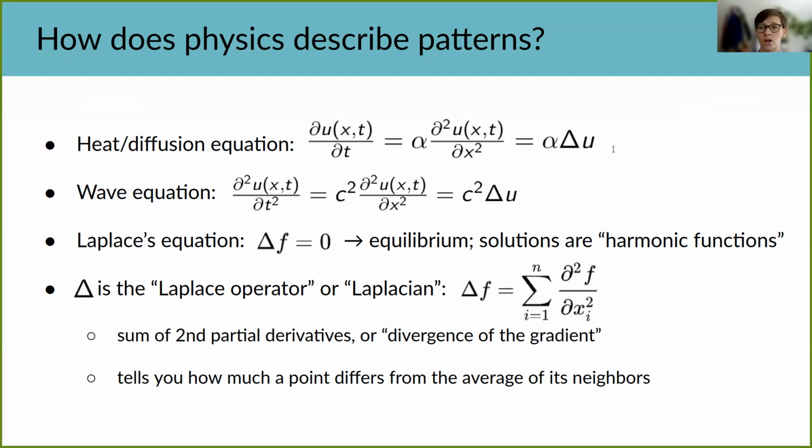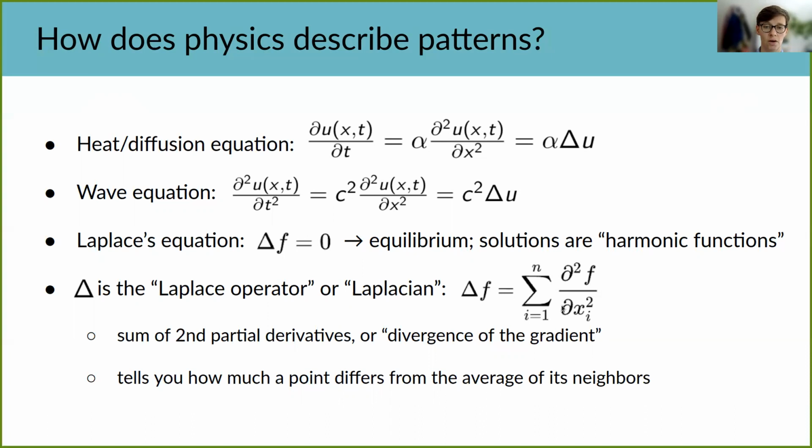So this delta is called the Laplace operator, or Laplacian, as several of you probably know. And as it turns out, solutions to this equation right here are eigenvectors of the Laplacian. So I will show you what that looks like later for the brain. But as we can see in these two equations, the Laplacian is the sum of the second partial derivatives in each direction of space.